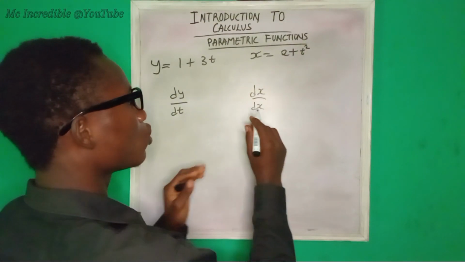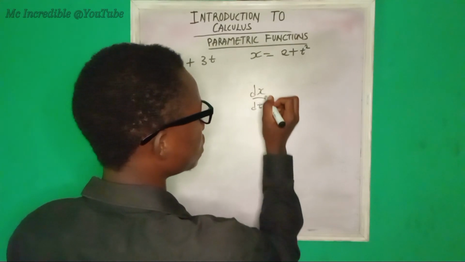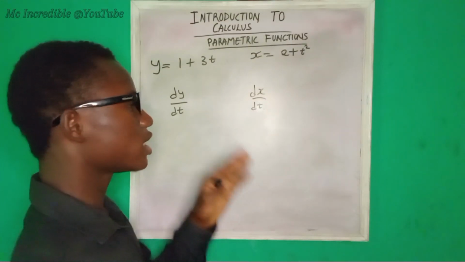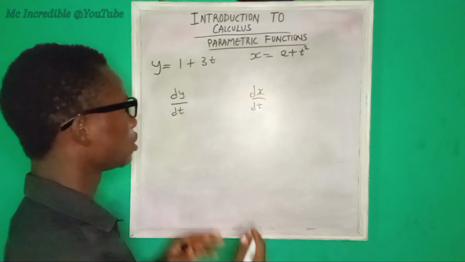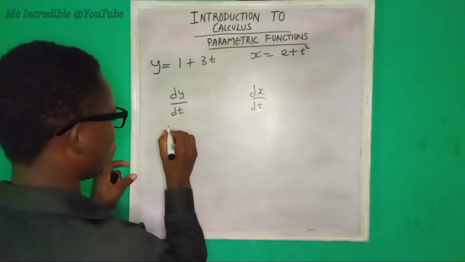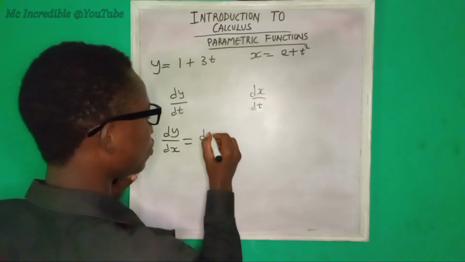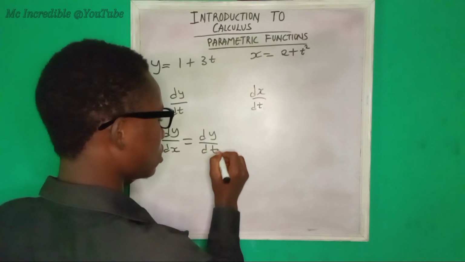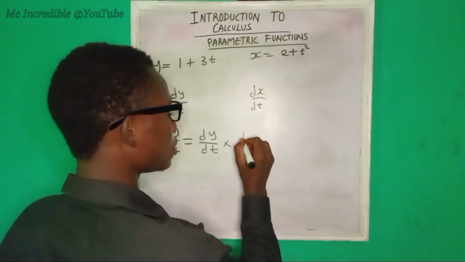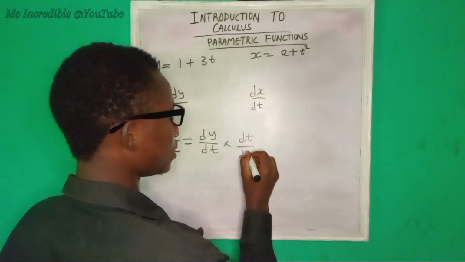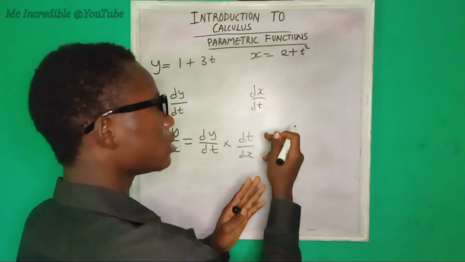What do we do here? We have dy/dt and dx/dt. So we have to get the inverse of this other one, which we multiply by this in order to get dy/dx. So dy/dx here will be equal to dy/dt times dt/dx, and dt/dx is the inverse of dx/dt.